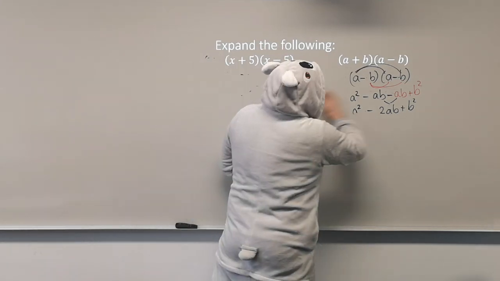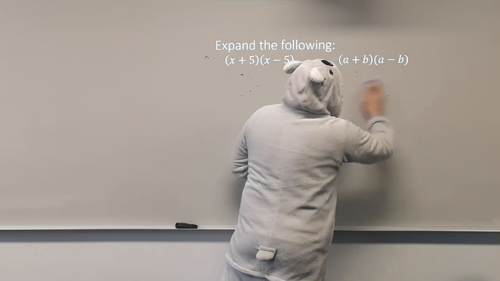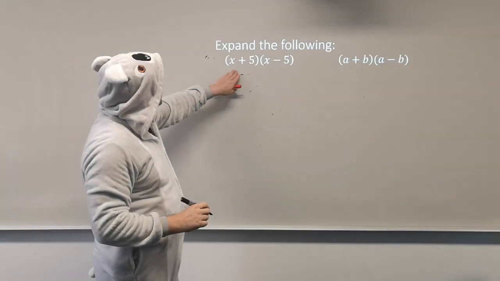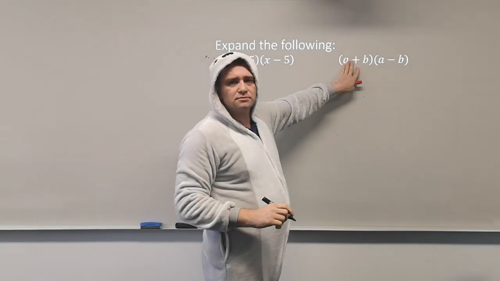Okay, our last one, which is called our difference of two squares, and we'll see why it's called the difference of two squares in a second. So let's start with our actual algebraic form.